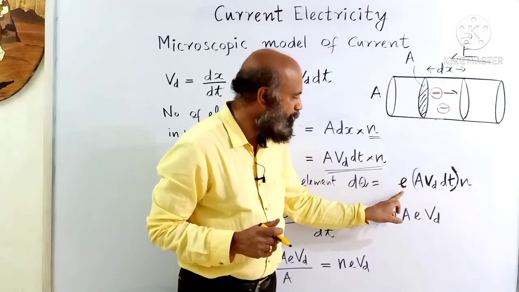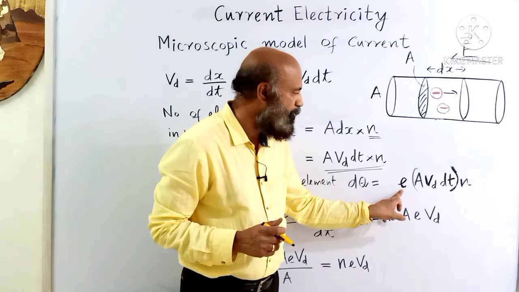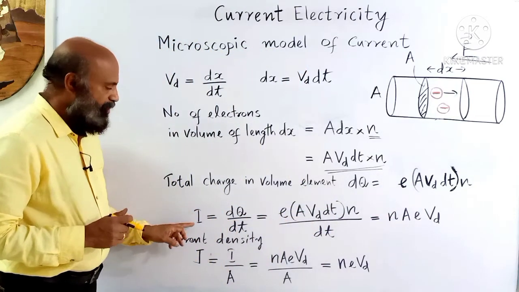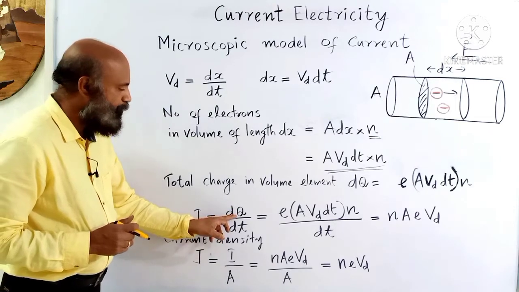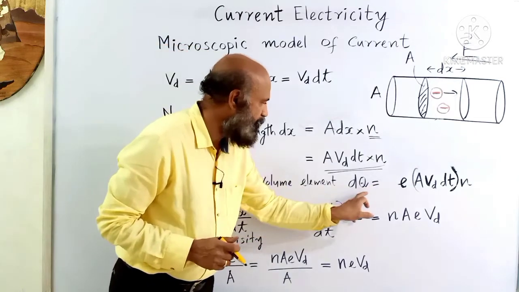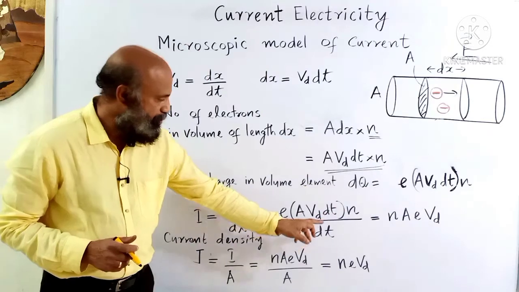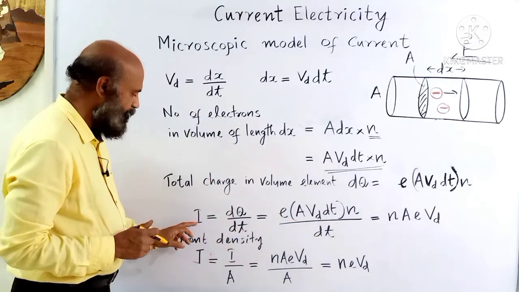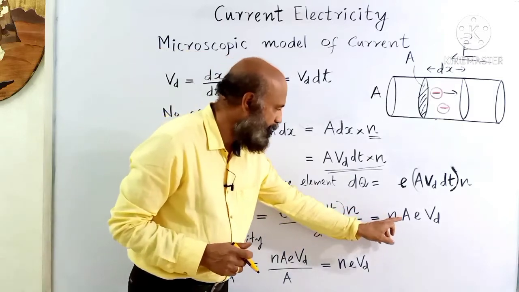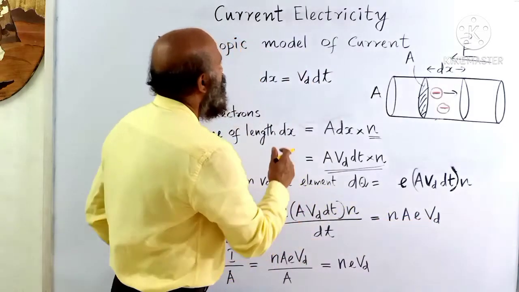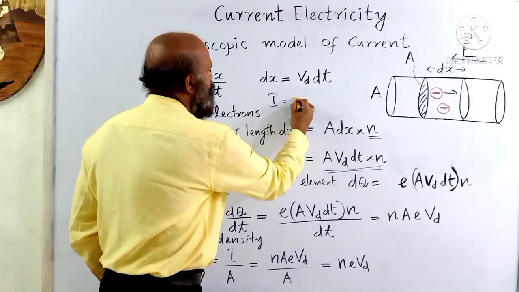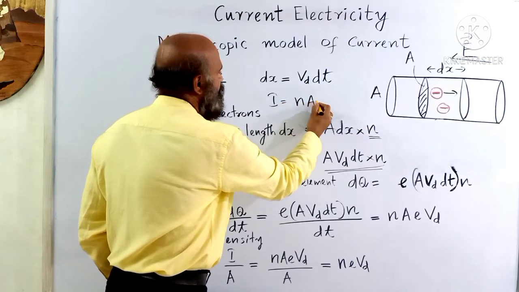You multiply the number of electrons by the charge of the electron, and you get the total charge. Then current is dq by dt. For dq, you can write this, then dt will get cancelled. So you get the expression for current: I is equal to nAeVd.